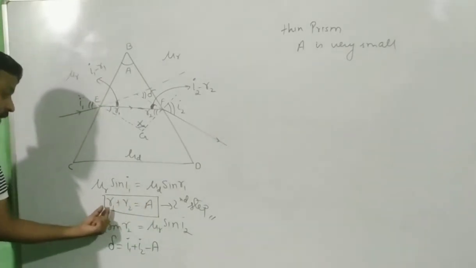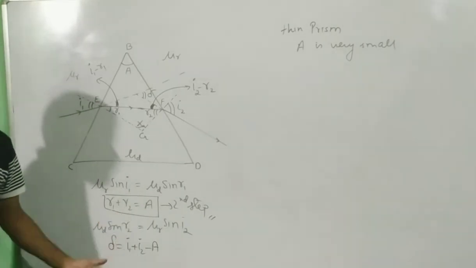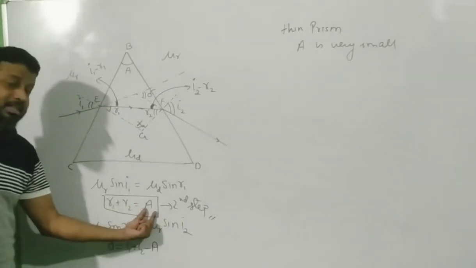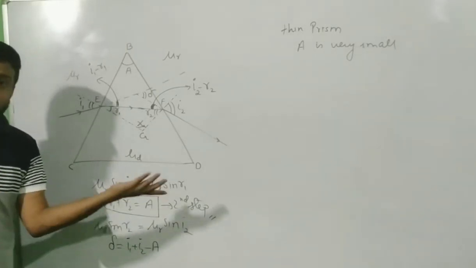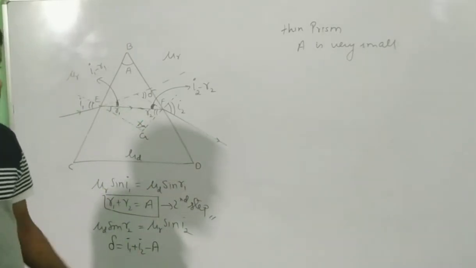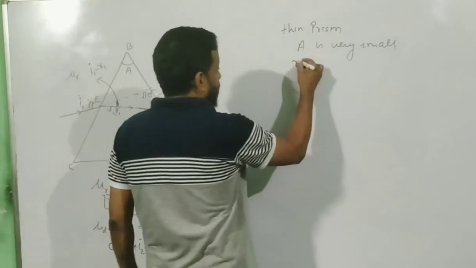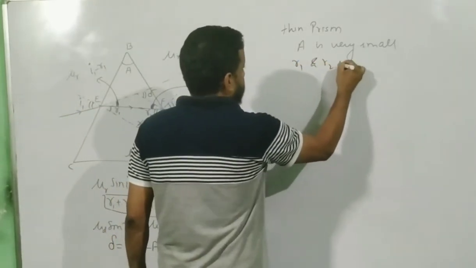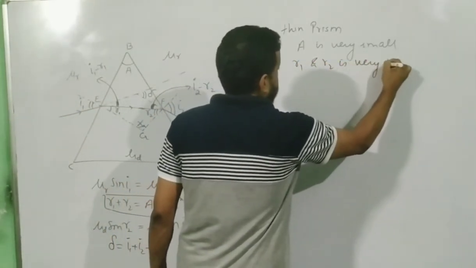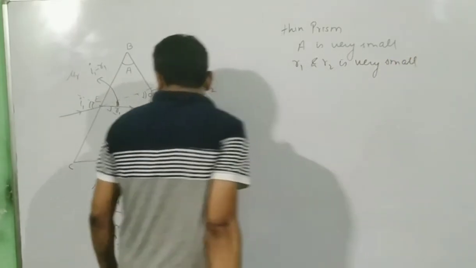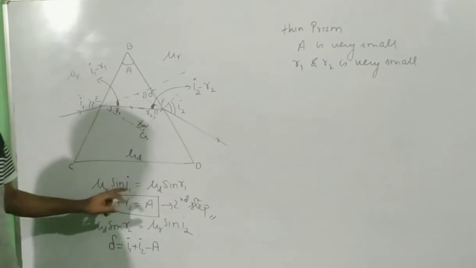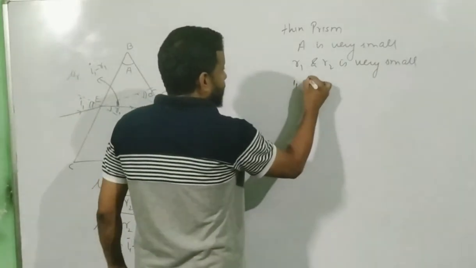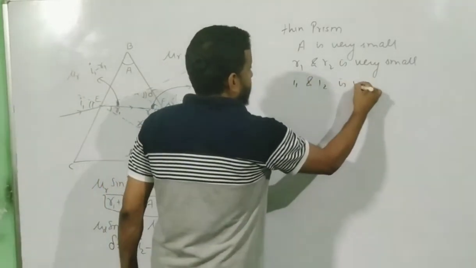That means R1 is also small, R2 is also small. Let us say if A is 10 degree, that means R1 and R2 individually must also be less than 10 degree. This implies if your R1 is small, definitely your I1 has to be small. So if you go backward, I1 and I2 are also very small.